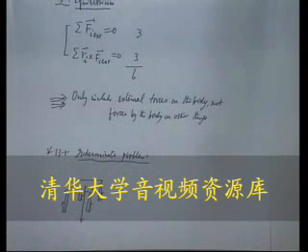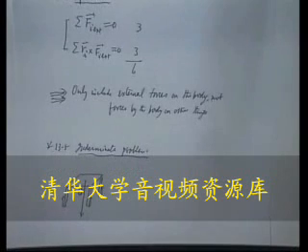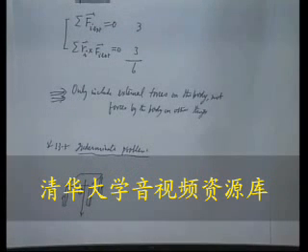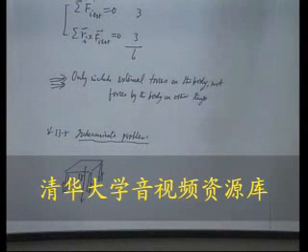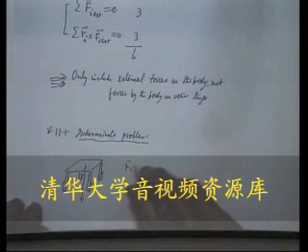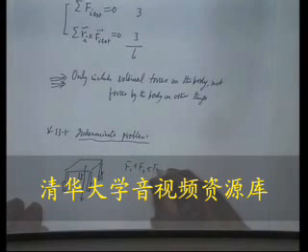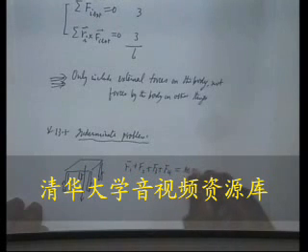The body suffers five forces. One is the gravity in the center, and then the four forces on the four legs. So you have F1, F2, F3, F4. You have F1 plus F2 plus F3 plus F4 is equal to mg.